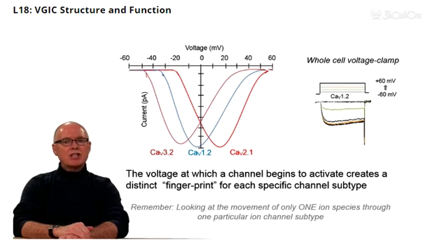Specifically, the calcium channel associated with CAV3.2 initially opens at more negative membrane potentials and peak current occurs at a more negative membrane potential, whereas the calcium channel subtype from the CAV2.1 gene opens and peaks at more depolarized, that is, more positively charged potentials. This begins the fingerprint of function and modulation that's associated with the various channel subtypes.